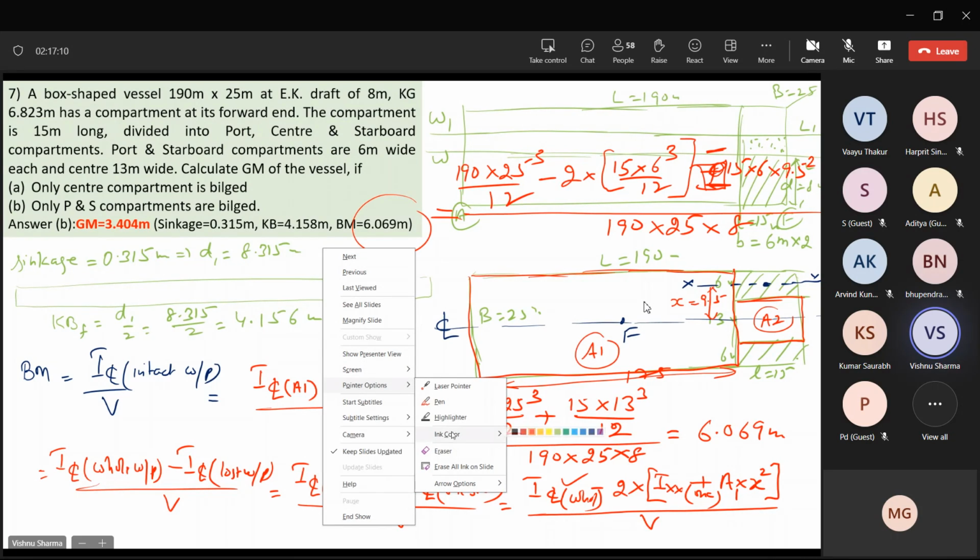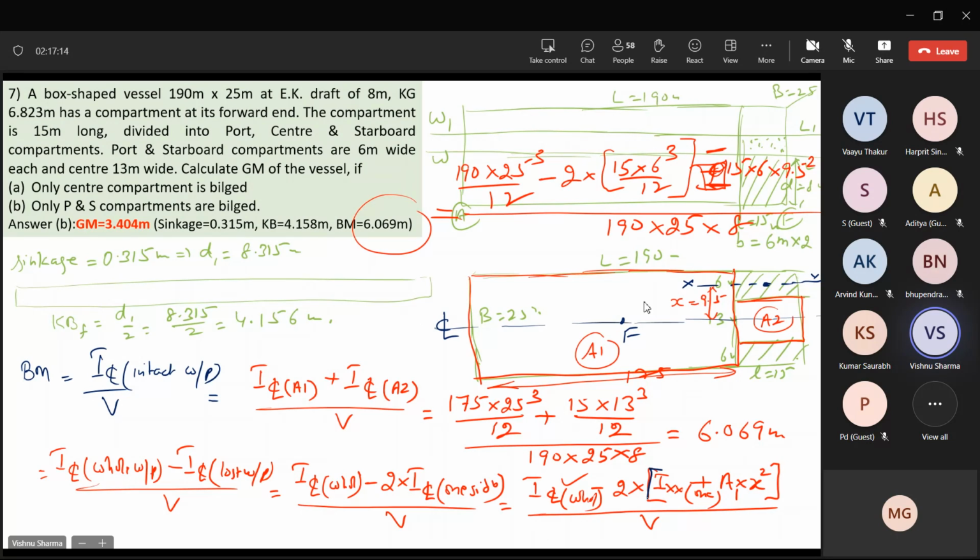See here, this bracket is there and this is minus, so when you open the bracket, this becomes minus and this will also become minus. Understood? Is that the mistake you made? Yes, sir. So that will be minus. Do it again and see whether you're getting 6.069 or not. Okay, sir, I'll try it right away.